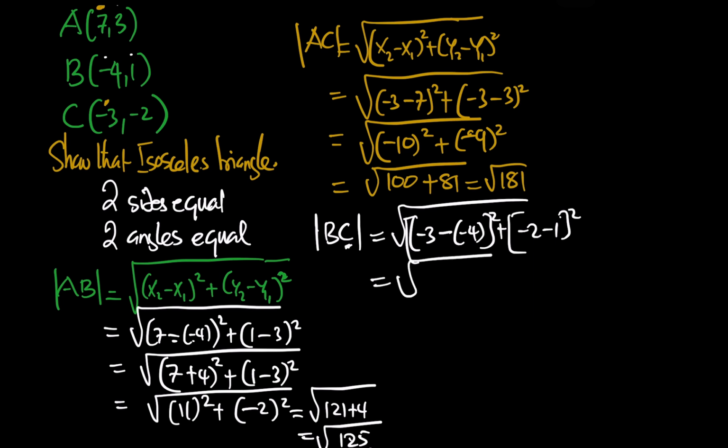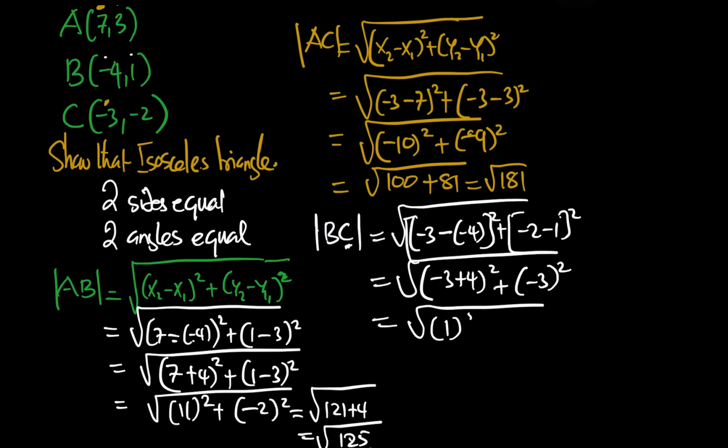We end up getting the square root of (-3 plus 4) squared plus (-3) squared. That is 1 squared, because -3 plus 4 is 1, plus 9. And 1 plus 9 gives us the square root of 10.